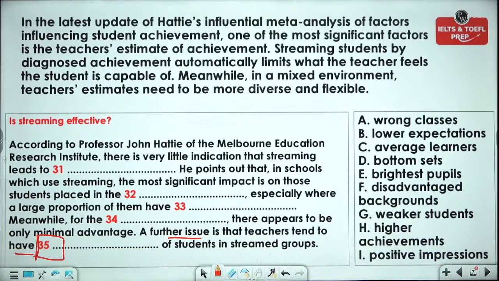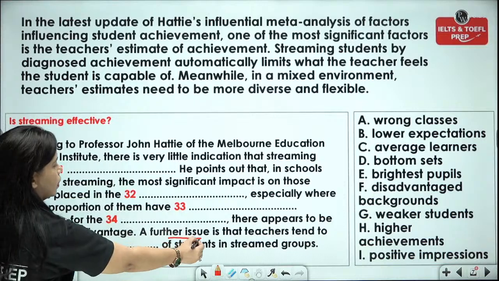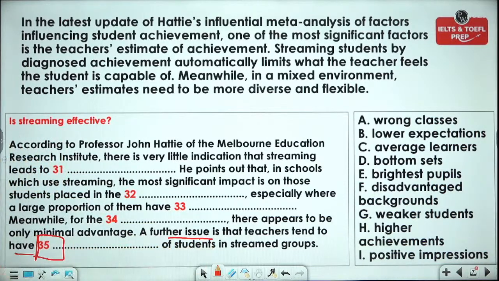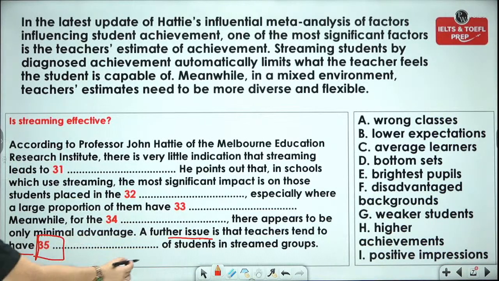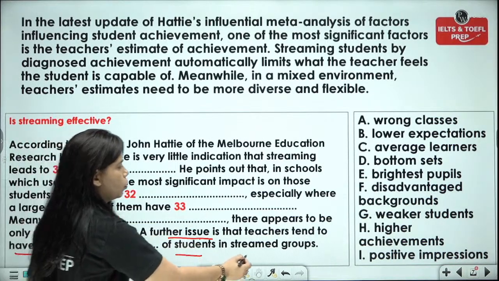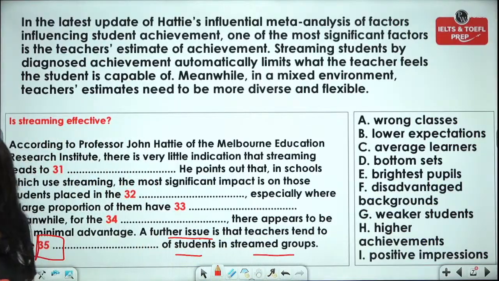Okay, let's understand. So they are talking about a problem in this sentence. A further issue means issue is a synonym of problem. So there is a problem. What is that problem? That teachers tend to have something of students in streamed groups. You have posted C as your answer.